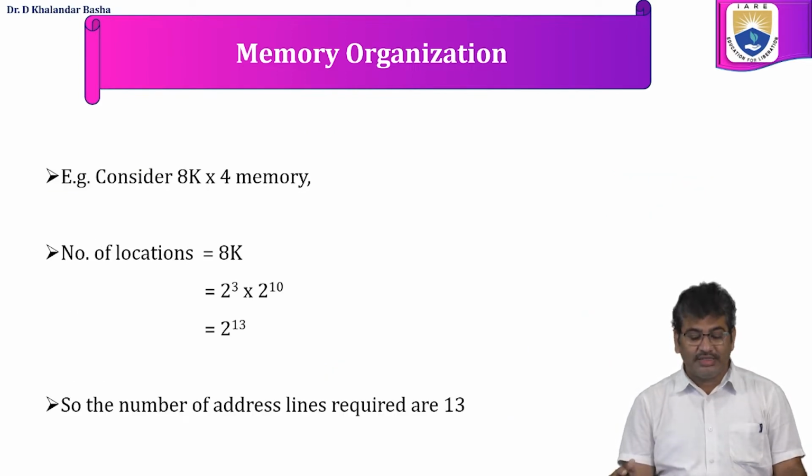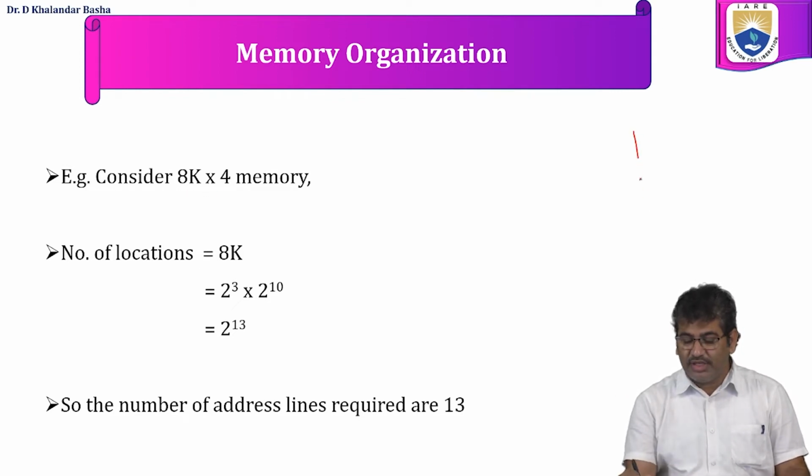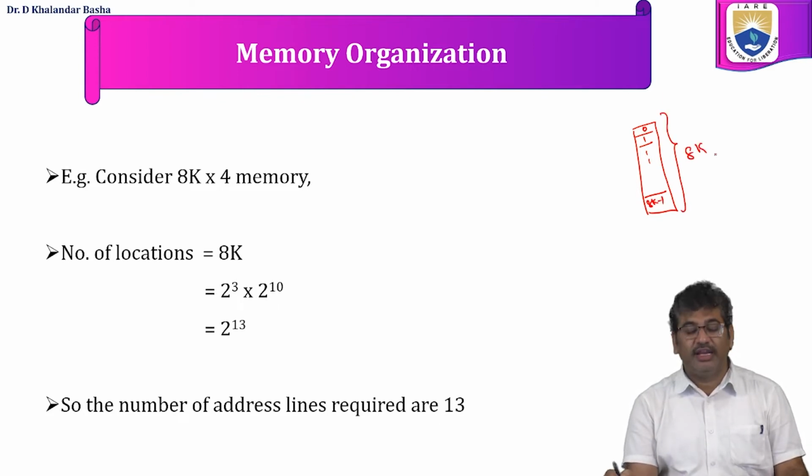Example, let us consider we have 8K cross 4 memory. That means the total number of memory locations is 8K. The size of each memory location is 4 bits.